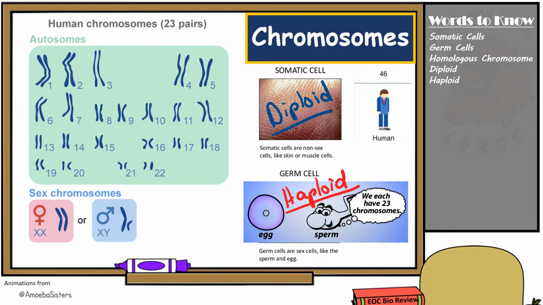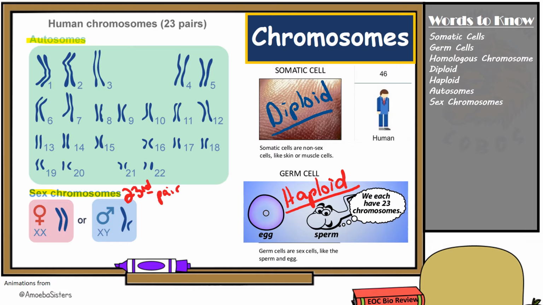Overall, humans have 22 homologous pairs, and these are referred to as autosomes. Now, these chromosomes contain genes for characteristics that are not directly related to the sex of the organism. But then we have the 23rd pair of chromosomes. These are referred to as sex chromosomes, and they do have a direct control of the development of sexual characteristics.